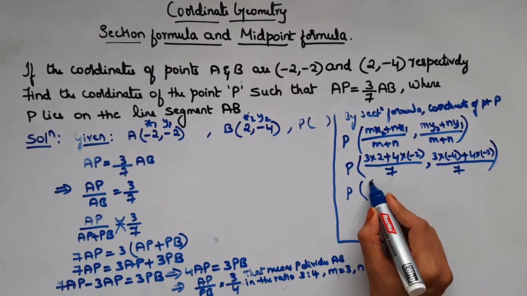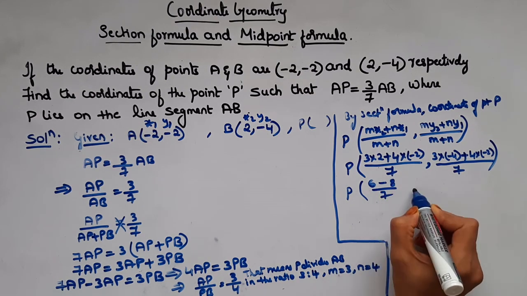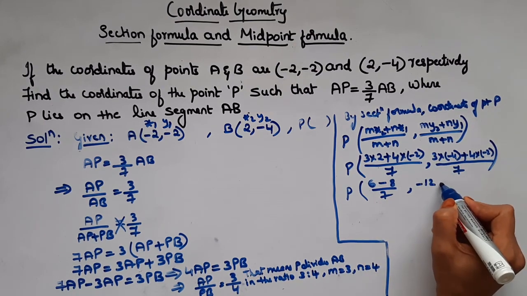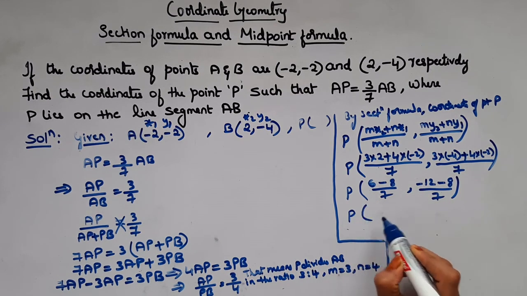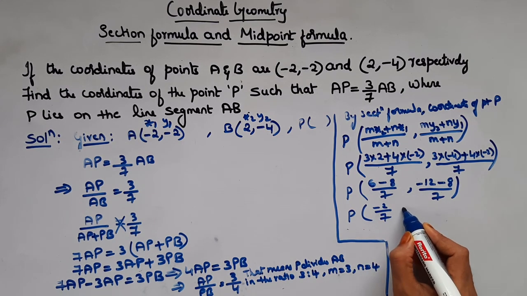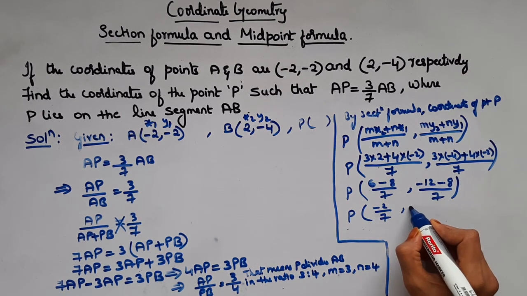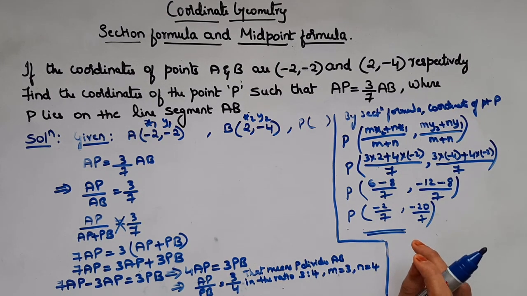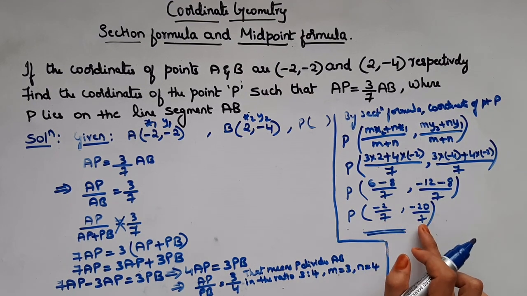We have (6 - 8)/7 and (-12 - 8)/7. The coordinates of point P are -2/7 and -20/7. Therefore, the coordinates of the point P are (-2/7, -20/7).